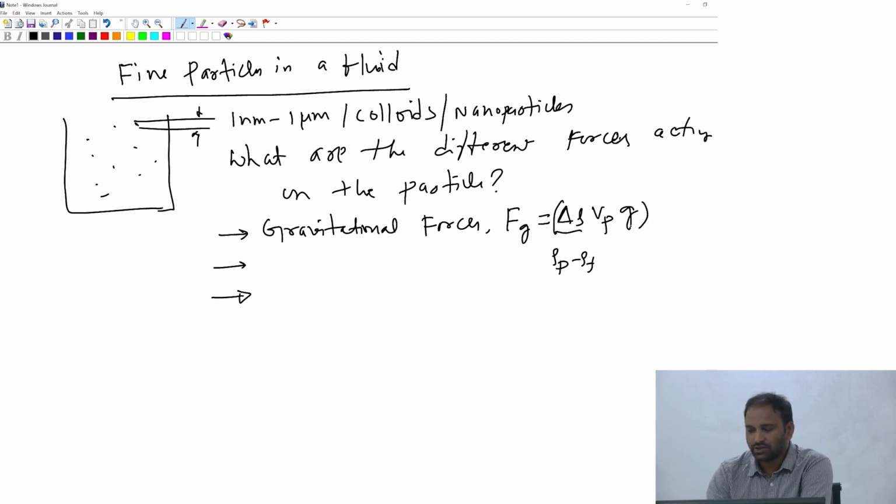That is your gravitational force. Any other force?